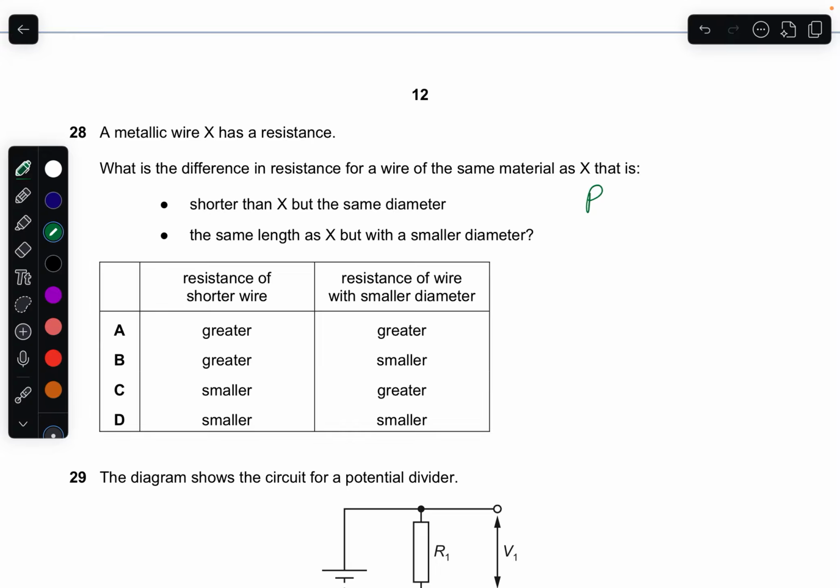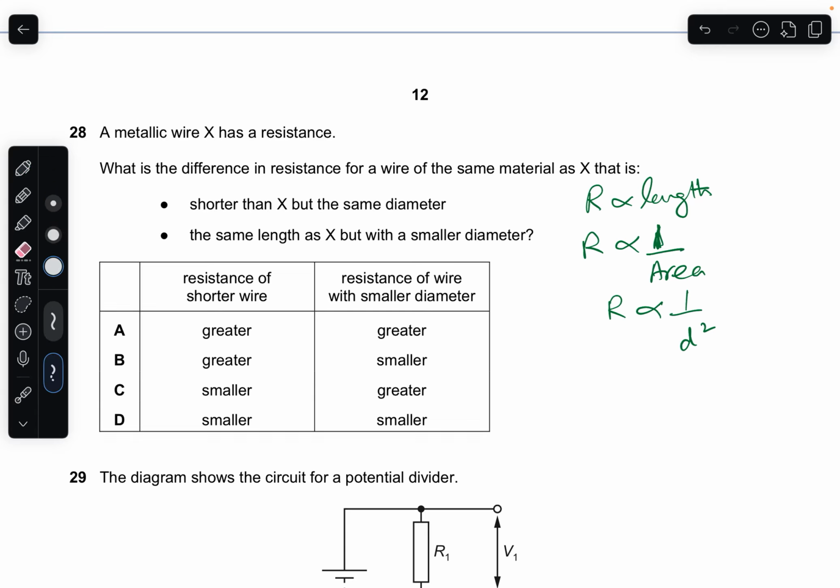What you need to keep in mind is that R is directly proportional to the length and inversely proportional to the area, or you can say R is inversely proportional to the diameter squared. If the length is shorter than X, its resistance will be less, and if the length is the same but the diameter is smaller, it will have more resistance.